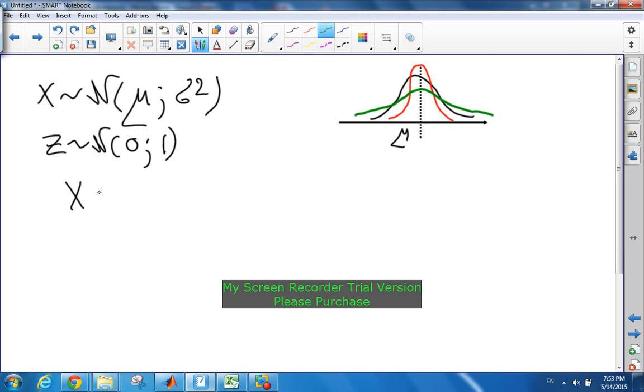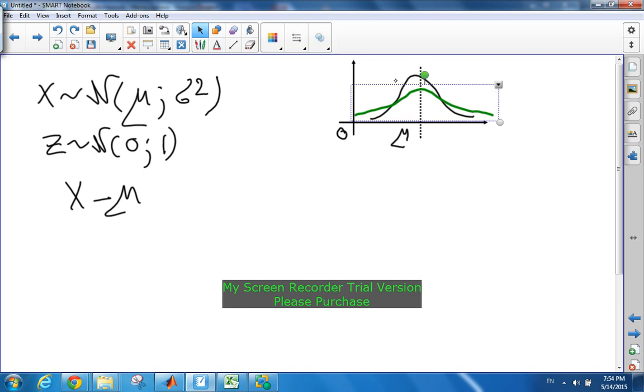Namely, if you subtract mu, what you will get is, if this is 0 here, and here is the y-axis, all right, let me just remove these two.